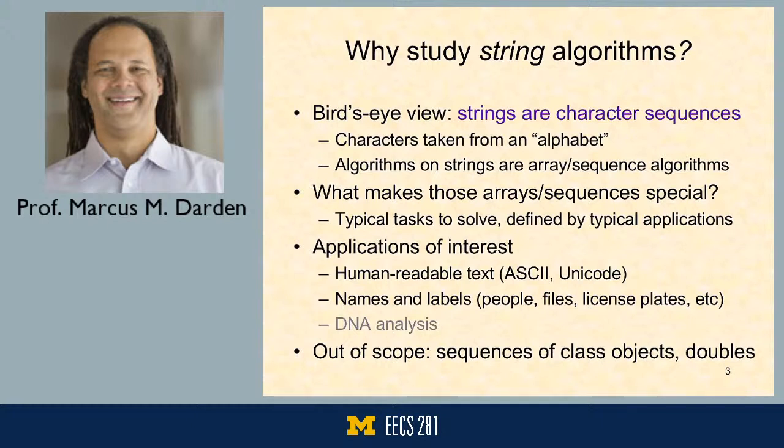Why is this special? Well, we've got a lot of tasks that sequences and strings give us that we do often: searching for things, comparing things, and we'll look into some of those. The applications that really come into interest, of course, are with human readable text. That's what we're talking about, our main character sets, ASCII and Unicode. One of our ancient character sets is known as EBCDIC.